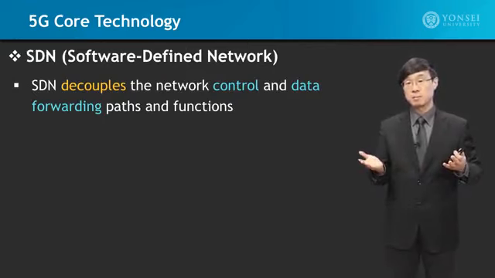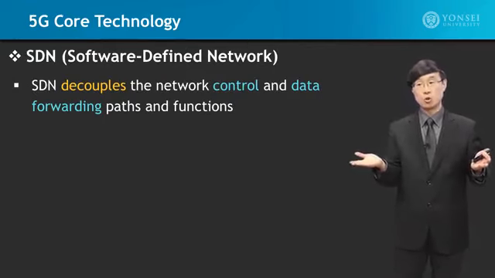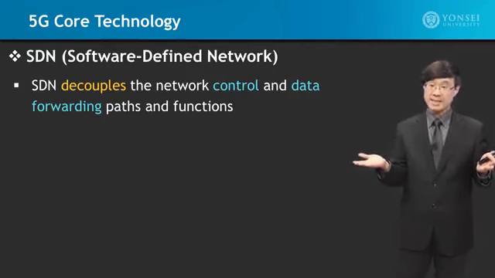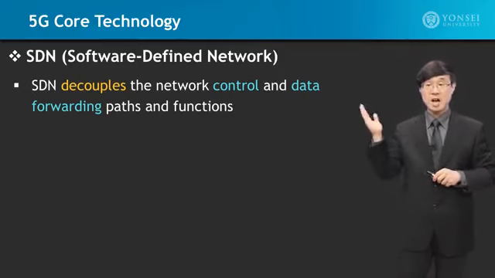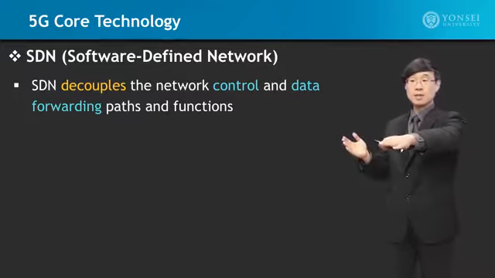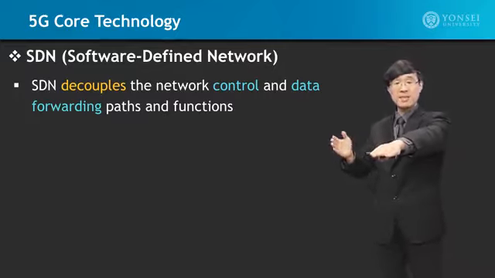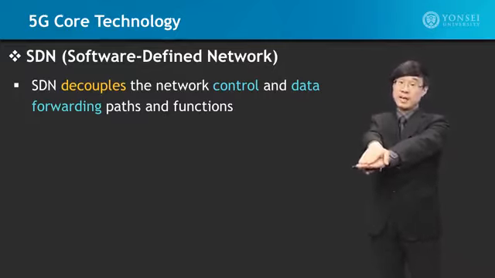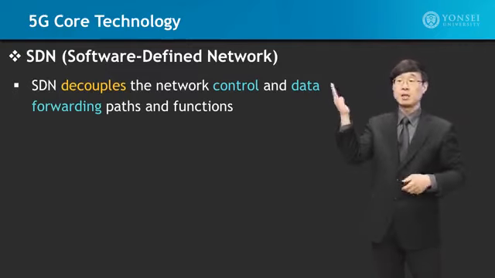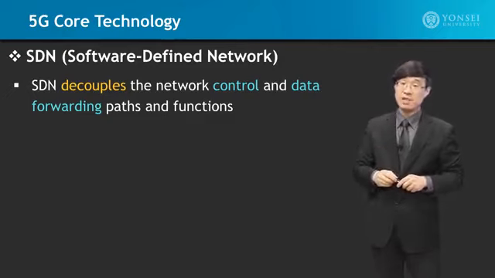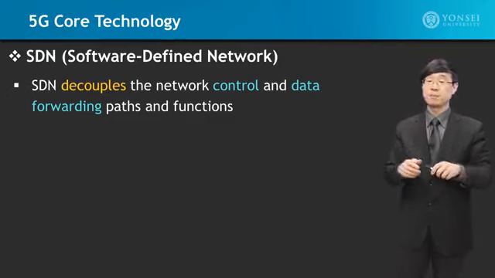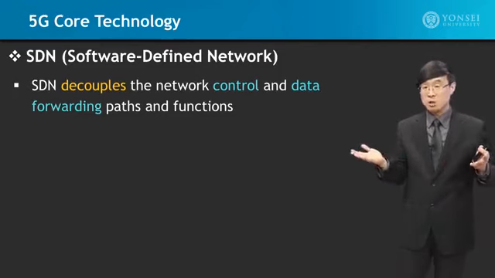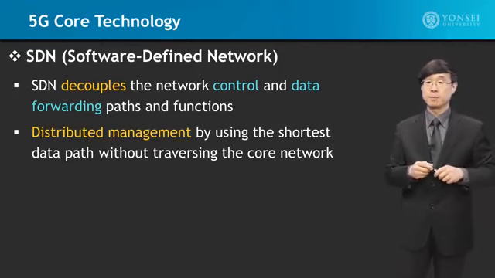SDN, software-defined network. SDN decouples, meaning that it divides the network control and data forwarding paths and functions. Before, in former networks that did not use SDN, your control forwarding path and your data path were the same. So you did not have much flexibility. But using SDN technology in 5G networks, this divides the control and the data. So therefore you can control this much more flexibly.